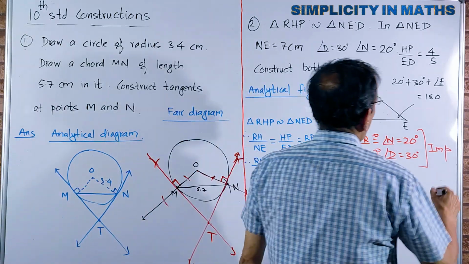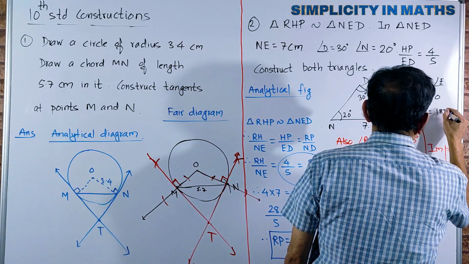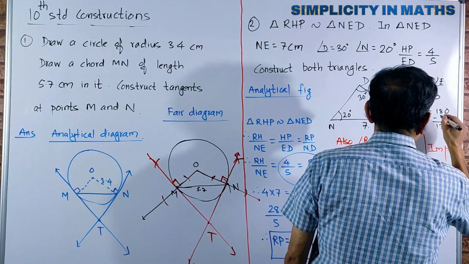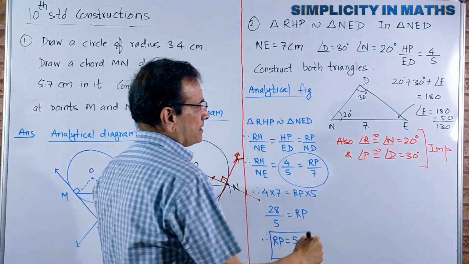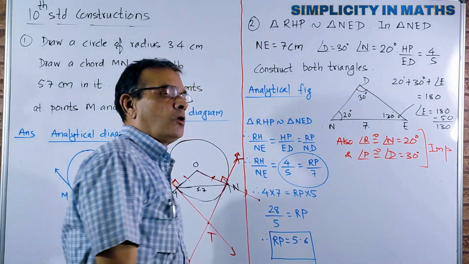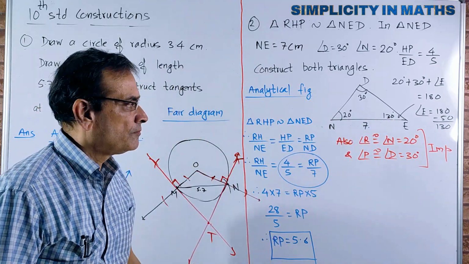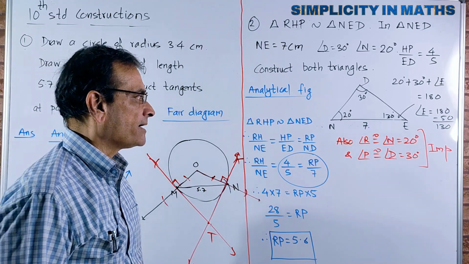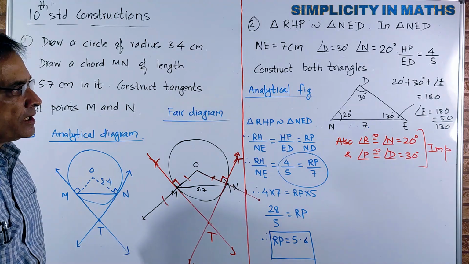Okay, so angle E will be equal to 180 minus 50, 130 degrees. Okay, actually it will be obtuse, but it is just an analytical diagram. So बाद में फेयर डायग्राम में देखेंगे how to draw the angles. So these are the three angles which you have got in the rough diagram.